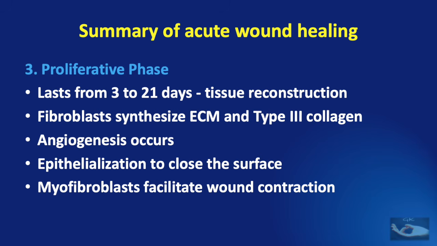The proliferative phase, which lasts from 3 to 21 days, concentrates on tissue reconstruction, in which fibroblasts synthesize extracellular matrix and type 3 collagen. Angiogenesis also occurs to bring more blood supply, epithelialization occurs to close the surface, and myofibroblasts facilitate wound contraction.